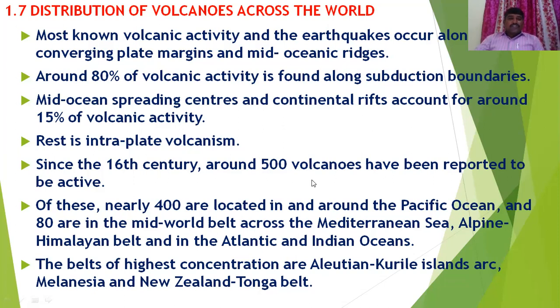Since the 16th century, around 4,000 plus volcanoes have been reported to be active. Of these, nearly 4,000 are located in and around the Pacific Ocean, and about 80 are in the mid-world belt across the Mediterranean Sea, Alpine Himalayan belt, and in the Atlantic and Indian Oceans.